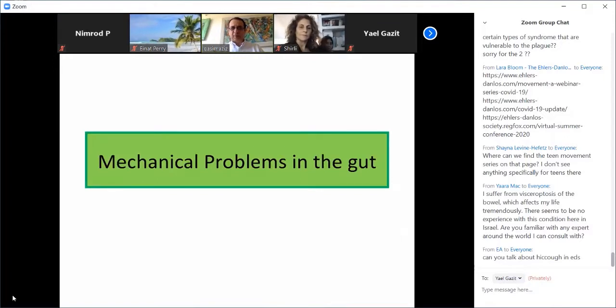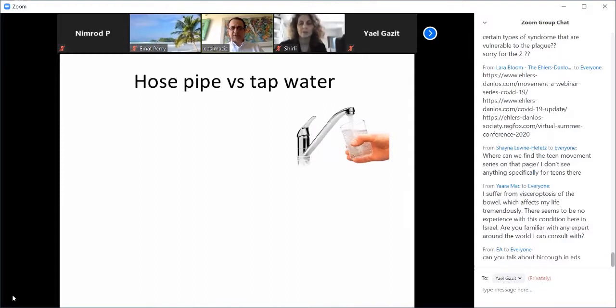So let's talk about the mechanical problems in the gut in the first instance. Just to give you an analogy, there's a basic law of physics which suggests that flow in a tube depends on how elastic the tube is. So the flow will always be faster in a tube which is more rigid and solid, and it'll be slower in a tube which is more elastic and stretchy.